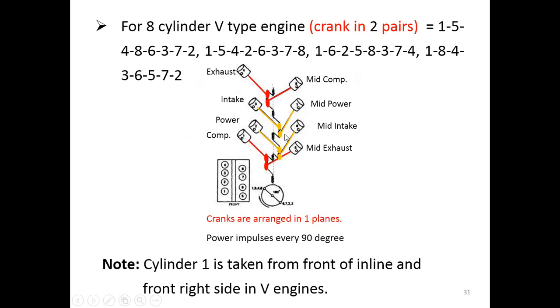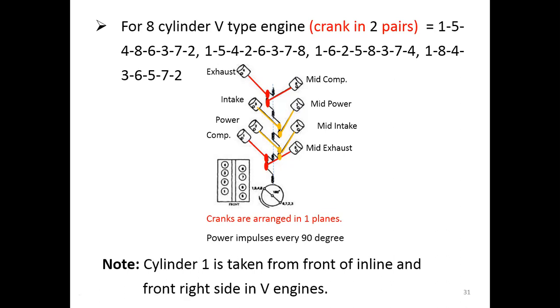It is an inclined plane here, not horizontal, not vertical, shown in this picture. The power comes every 90 degrees because we have 8 cylinders: 720 divided by 8 is 90 degrees. So every 90 degrees of crank angle rotation, the engine will deliver 1 power.